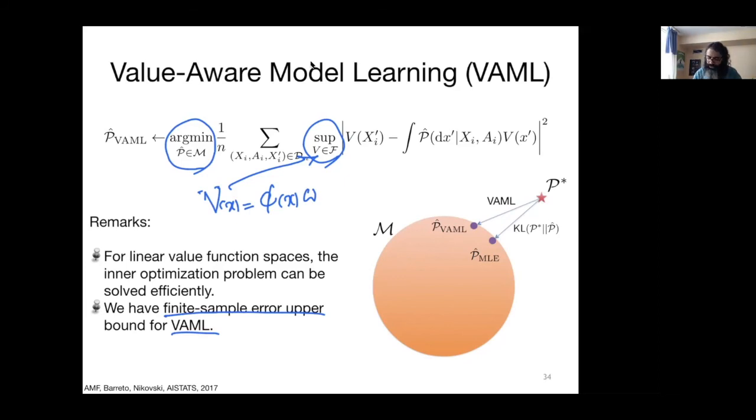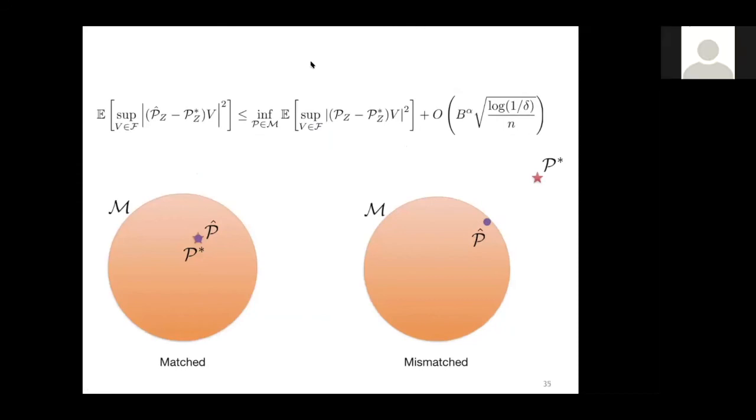Okay, so this is value over model learning. There is this performance bound, it doesn't matter. What I want to point out is to consider these two cases. The case that P star is actually within the model space, and the case that P star is outside the model space.